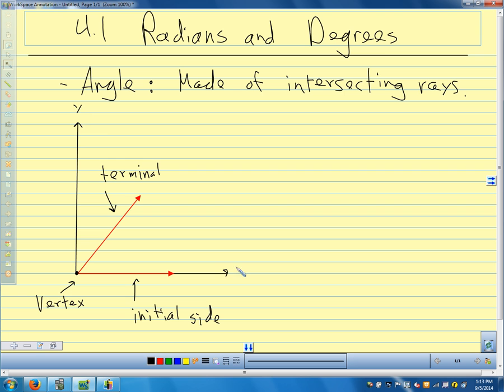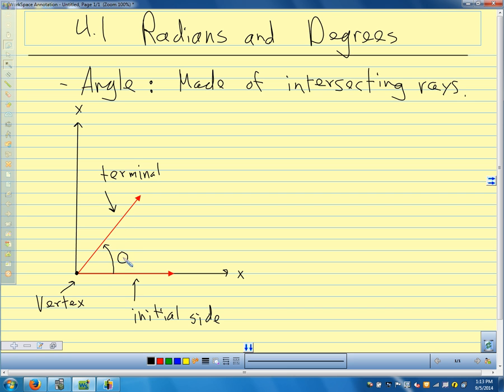And this is the y-axis and the x-axis. So there's our angle: initial side, terminal side, vertex. The measure of the angle is how much we're rotating. That's how we measure the angle. The measure talks about the rotation.